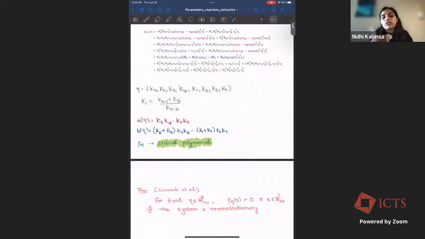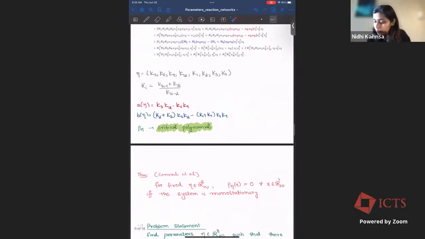Actually, the theorem says a little bit more: when it is multistationary, it identifies in which stoichiometric compatibility class. But for now, we are only interested in determining whether the network is monostationary or multistationary.